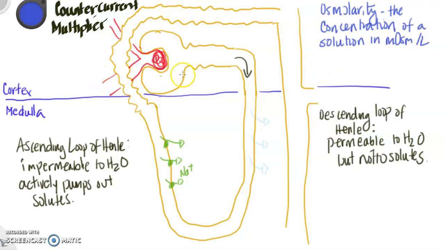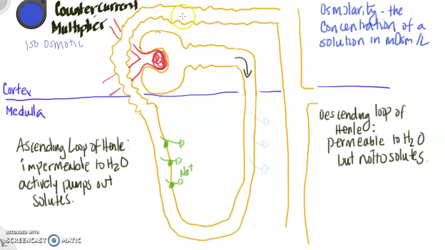Okay, so in the cortex, the osmolarity is the same within the tubes and the blood and the interstitial space. We call that isoosmotic. Iso meaning same.